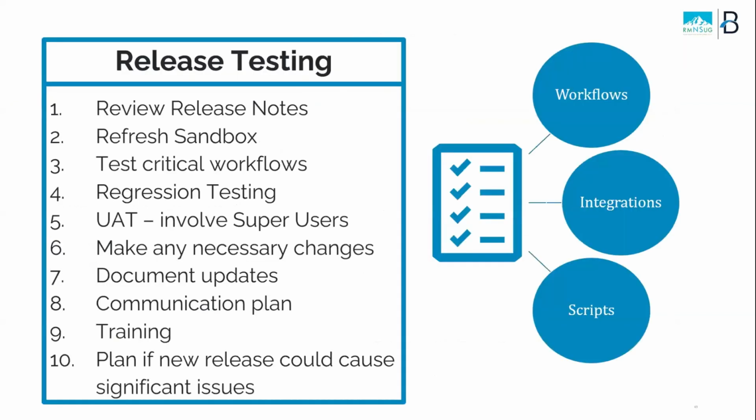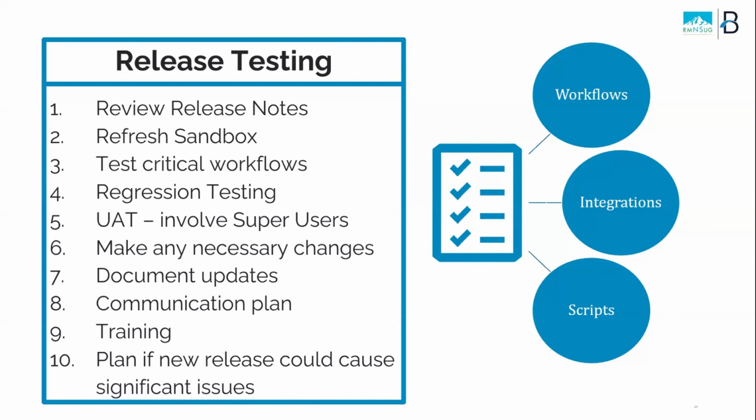And then here are some suggestions on how you could produce your testing plan. Review those release notes and then update your sandbox or get that release preview account. Make sure everything's up to date. Test critical workflows and then do some regression testing. Definitely involve those super users to help you define a certain group of people dedicated to making sure their processes can be completed with the new release.